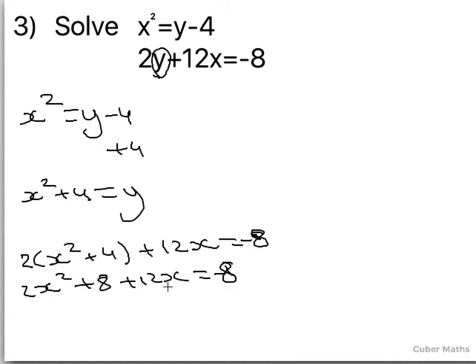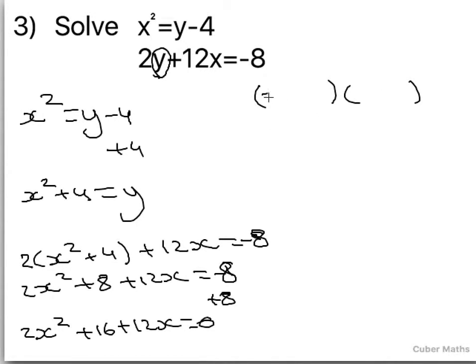Now we want to get it equal to 0 just like before, so we're just going to add 8 to both sides. So that's going to leave us with 2x squared add 16 add 12x is equal to 0. Now if we factorise it like we have done previously, we're going to have 2x in one bracket and x in the other. And we're going to have plus 4 and plus 4.